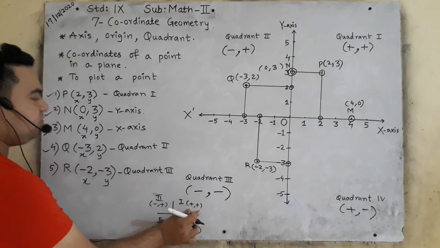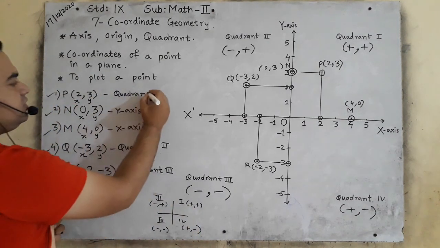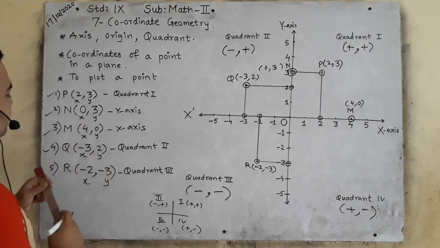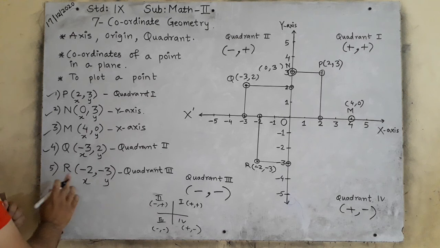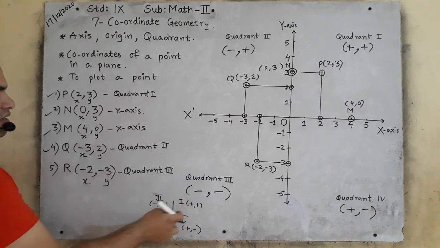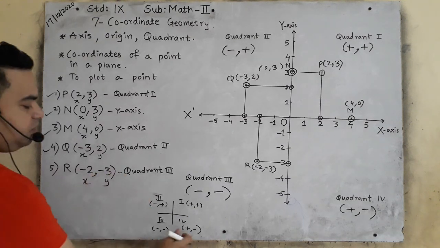अगर दोनों positive होंगे like this, if both the coordinates are positive, they will be in quadrant first. Okay, if both the numbers will be negative like this, so this point R will be in the quadrant third, because first and third are opposite. Plus plus, minus minus. Now second minus plus, fourth plus minus.